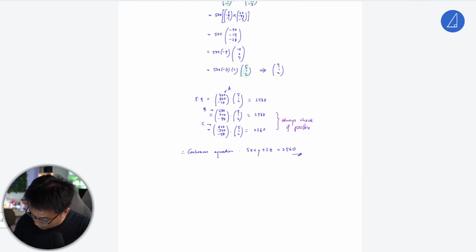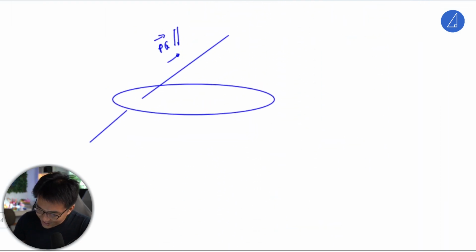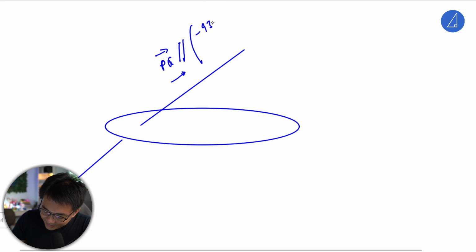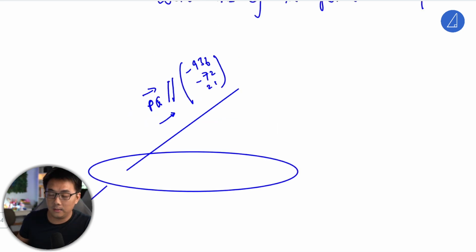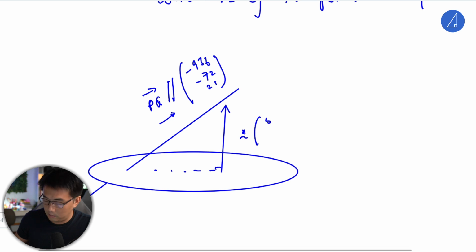Oh no, 5, 12 is a normal. So PQ, oh, this is negative 3. I'll just copy it down. Right, this is it. Then what we want is the normal pointing upwards here. So this guy, this is the normal.